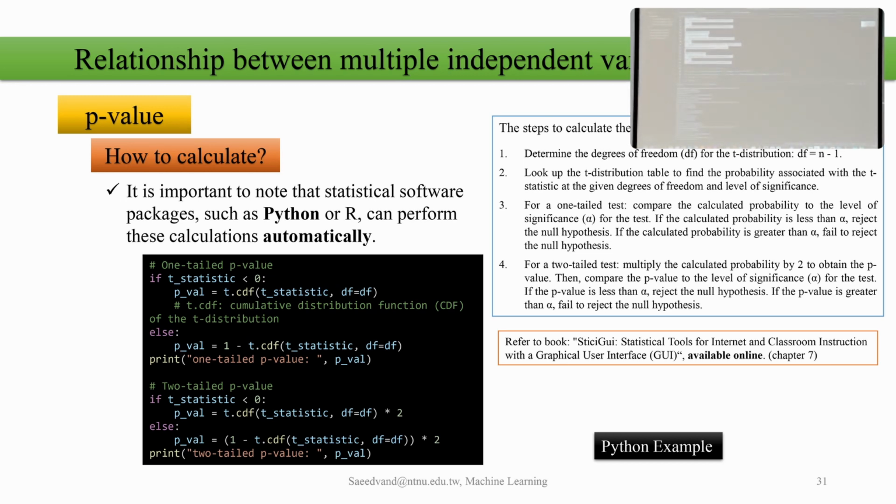The point is, if you look at the implementation, the t-statistics, I directly put some random value inside. But what we need to do, based on that data set, is calculate it first, then calculate the p-value based on that.